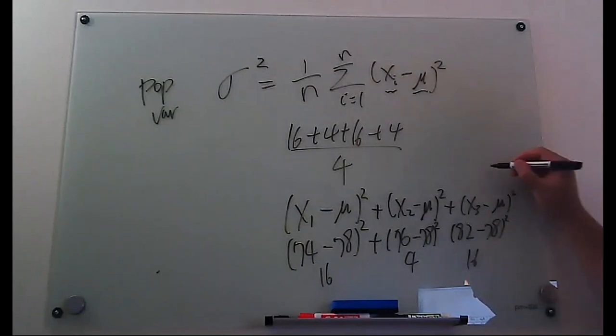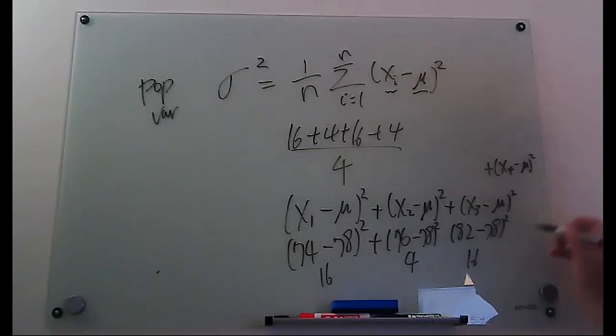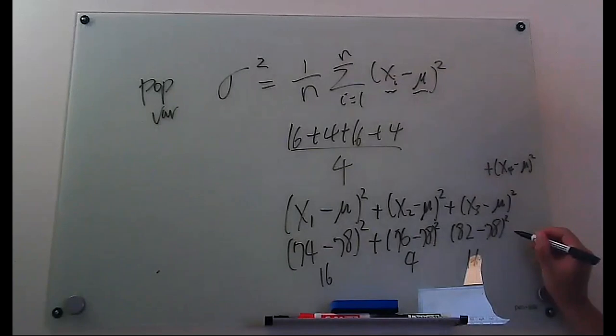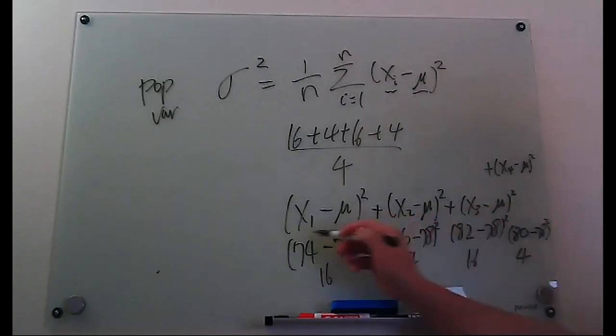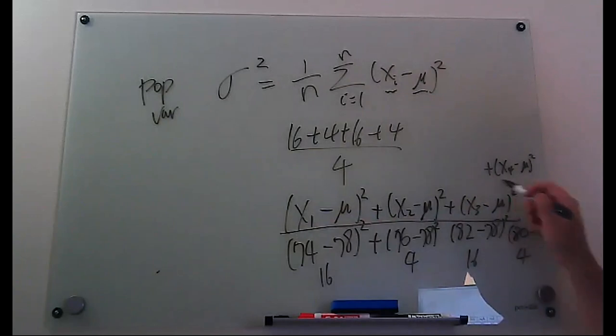And lastly, plus x4 minus mu squared, 80 minus 78 squared, that would be 4. So this is how you get the mathematical equation.